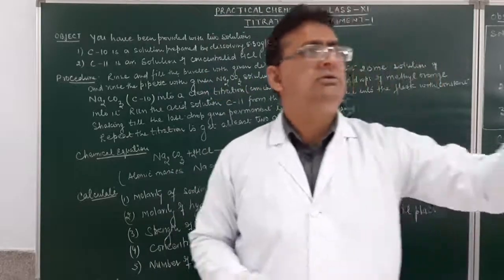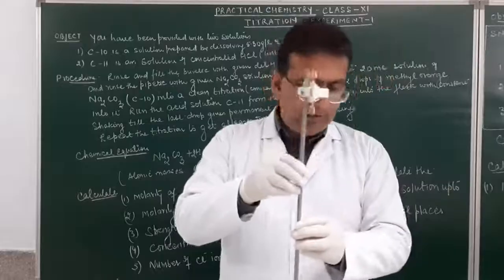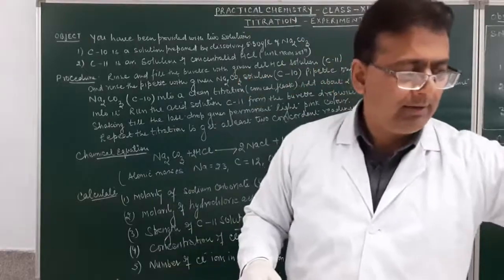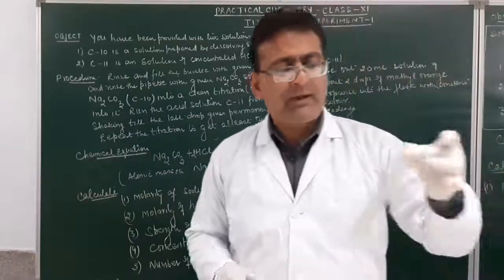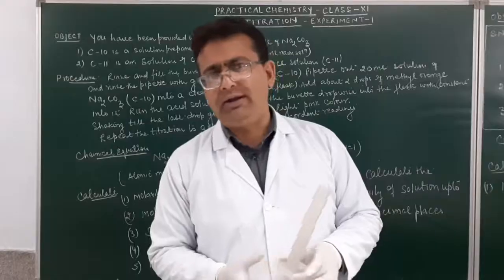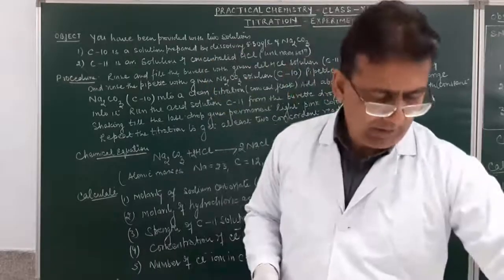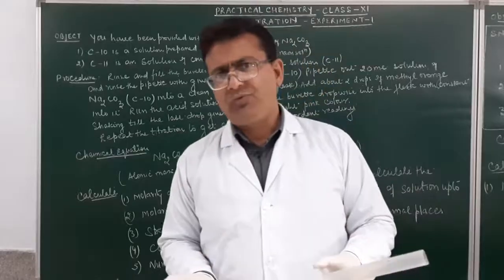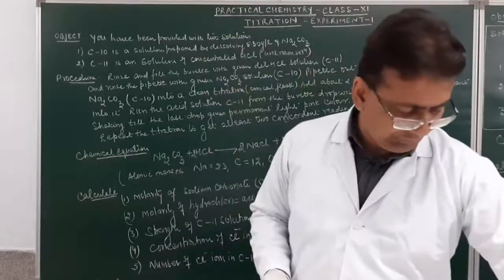And this stand is called a clamp stand. Am I clear? Then we also have a measuring cylinder. These are the apparatus which you will be requiring in this experiment. In fact, the measuring cylinder we have used to prepare the solutions, whether the unknown or the known solutions.